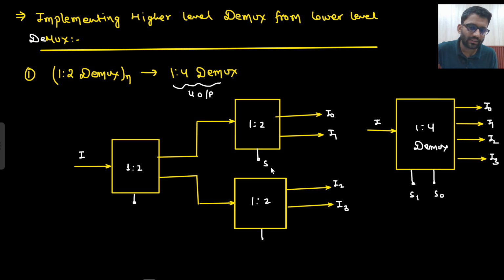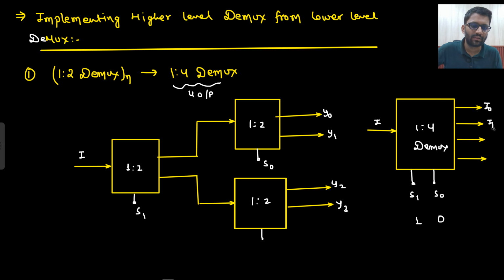Now, which one will be S1, which one will be S0? Let's assume this one as S0 and this one as S1. So let's take a random value. If I put S1 equals to 1 and S0 equals to 0, where would I expect the information to go? This will be Y0, Y1, Y2, Y3.